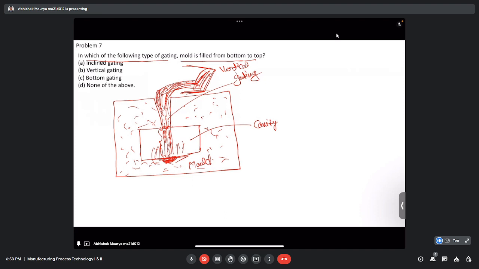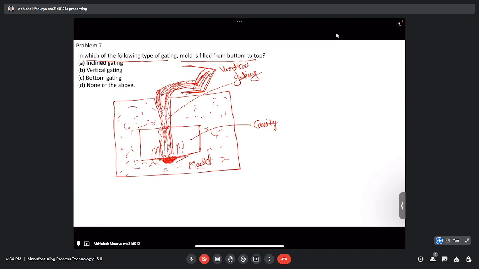If this height is high and metal velocity is also higher, there is a possibility of erosion in this region. This is one of the disadvantages of vertical gating, whereas it has the advantage that metal takes less time to fill the cavity because it is entering the cavity directly.